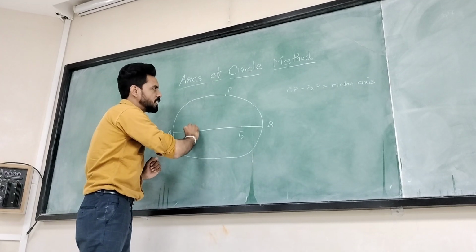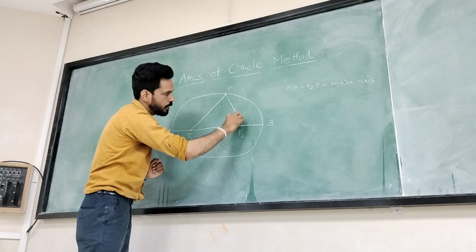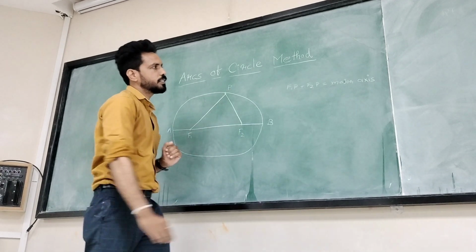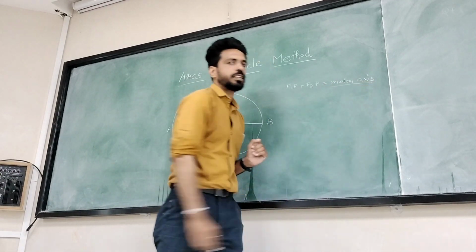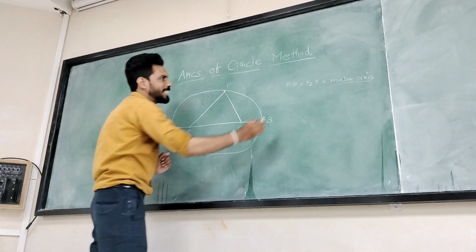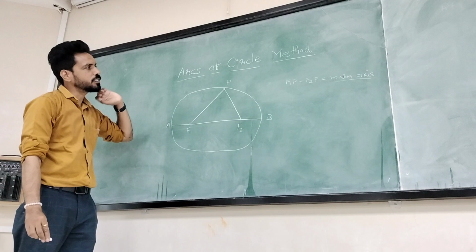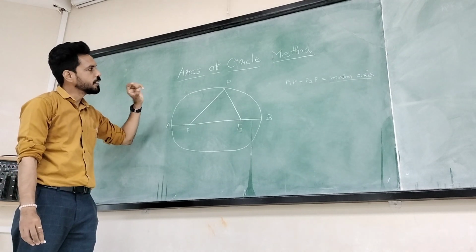So the summation of the distance, that is F1 to P plus F2 to P, is equal to the major axis of the ellipse.